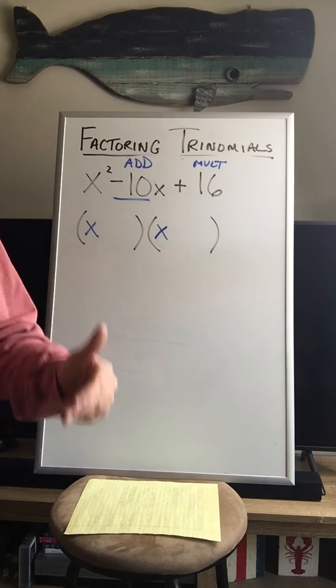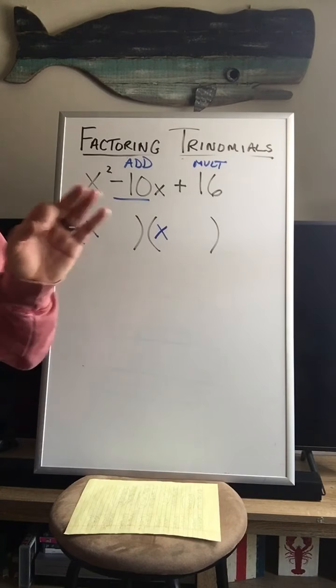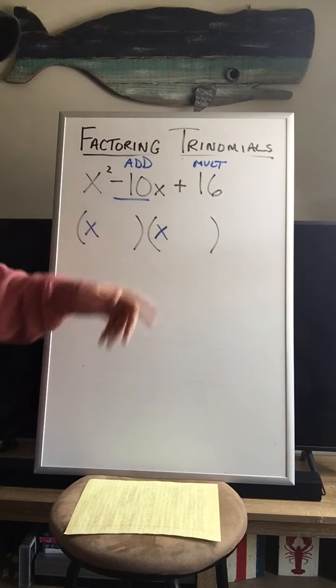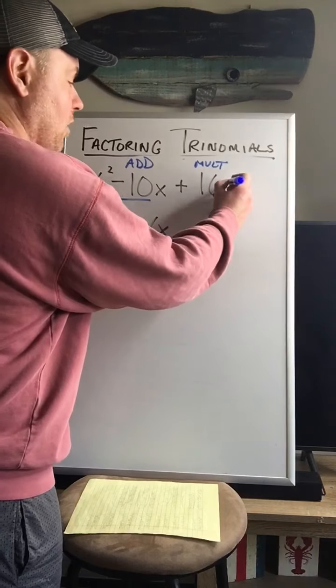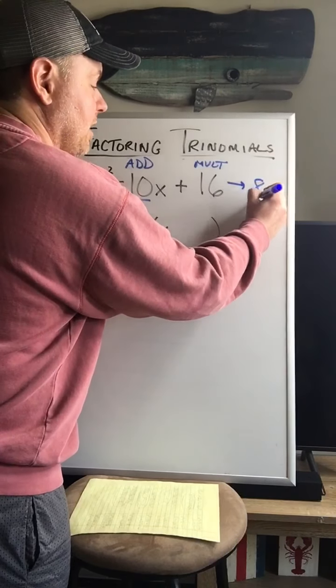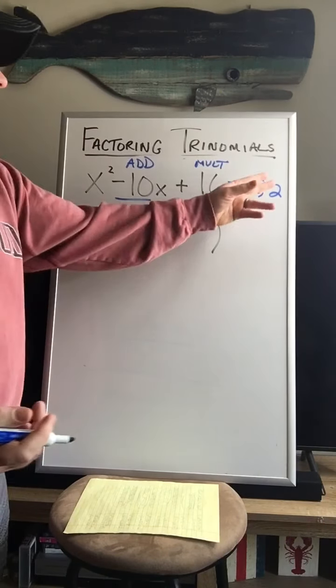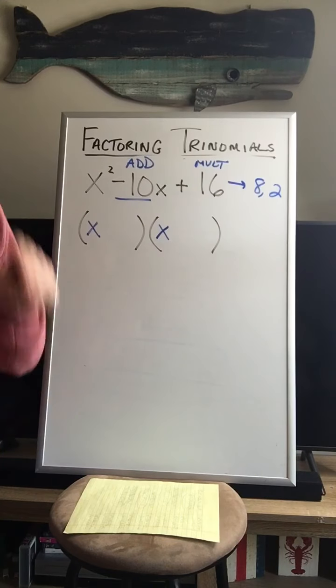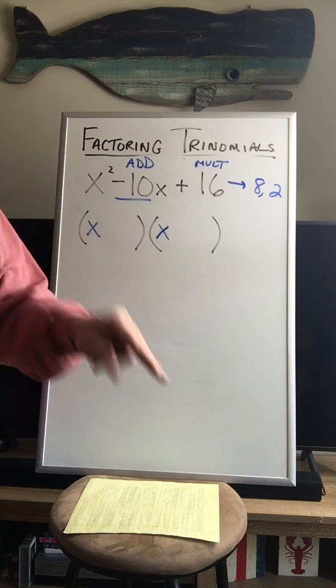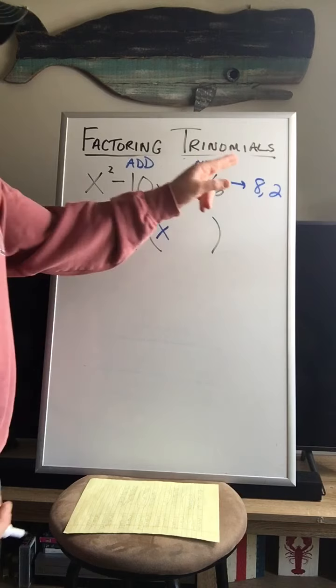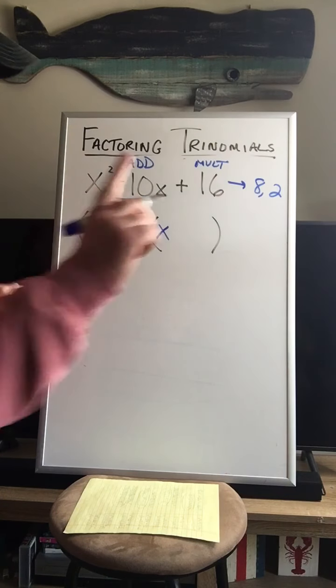Both numbers need to be negative, because a negative times a negative would be a positive. So hopefully maybe you figured that out. So you might have thought, well, 8 and 2, those multiply to 16, but they don't add up to negative 10. They add up to positive 10. So 8 and 2 aren't going to work.